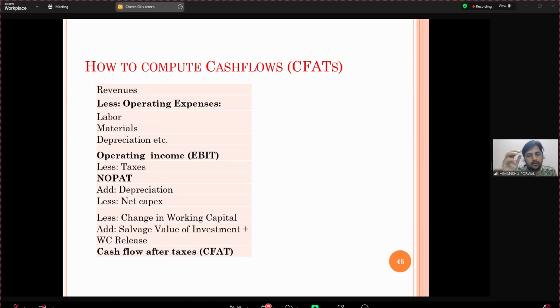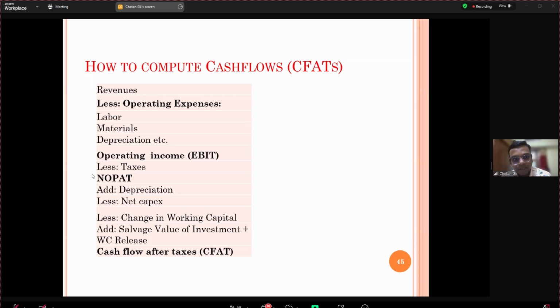So it's a non-cash item. Since it's a non-cash item, since we are not paying for it, we are actually counting it as a cash flow. See, it is simple. If cash is coming in, that is a plus item. If the cash is going out, it's a minus item.